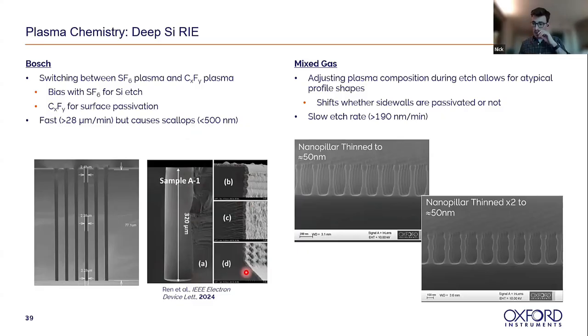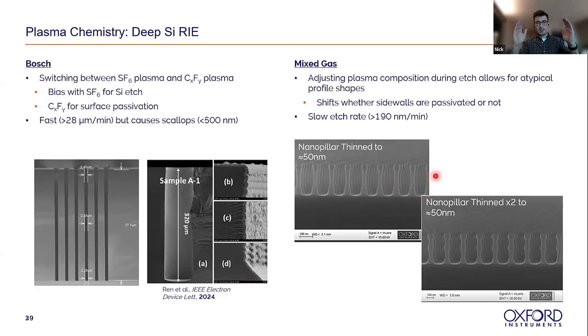You can do either an in situ dry process, or I think it's quite common now to do an oxygen plasma and then an HF dip to try and remove the scallops from the sidewalls. And you can also do mixed gas processing. I mentioned if you vary the gas composition as you're doing your reactive ion etch process, you can vary the isotropy of your etching. So if you drive it towards a more chemically driven etch, you can get it to undercut the mask a little bit.